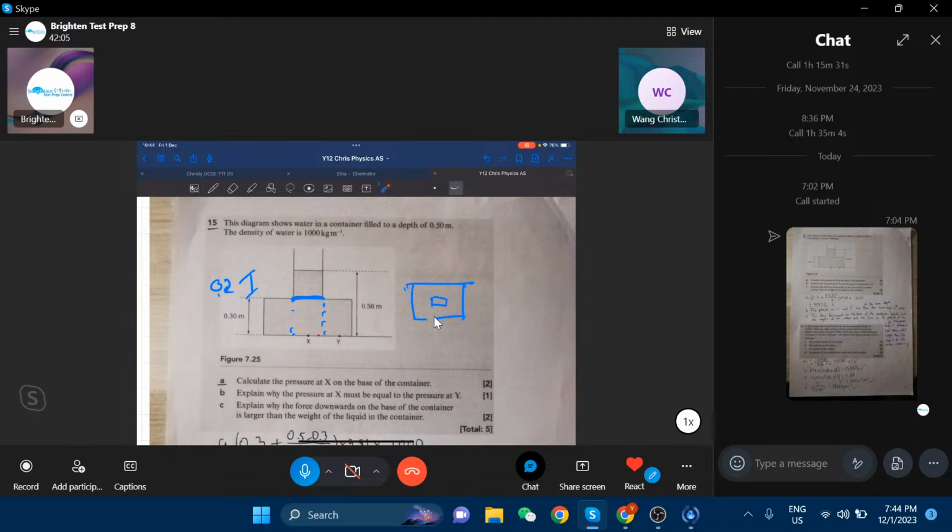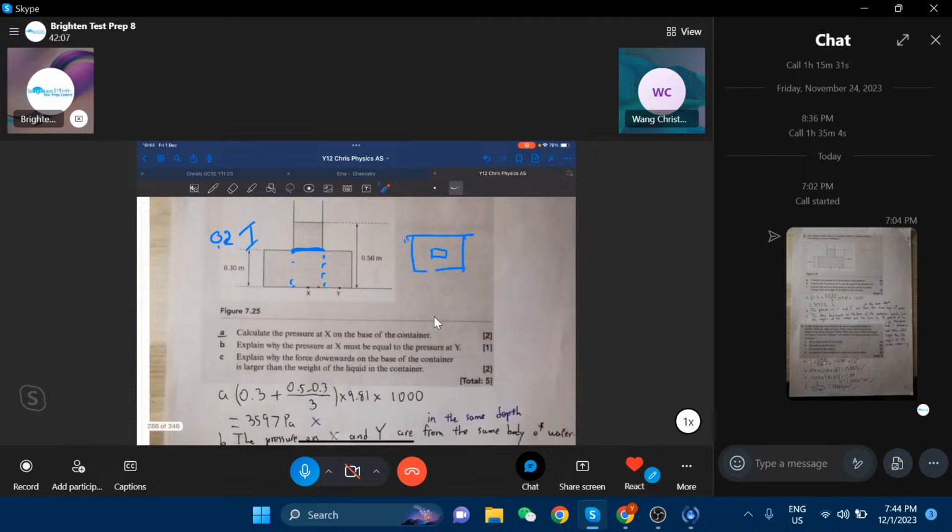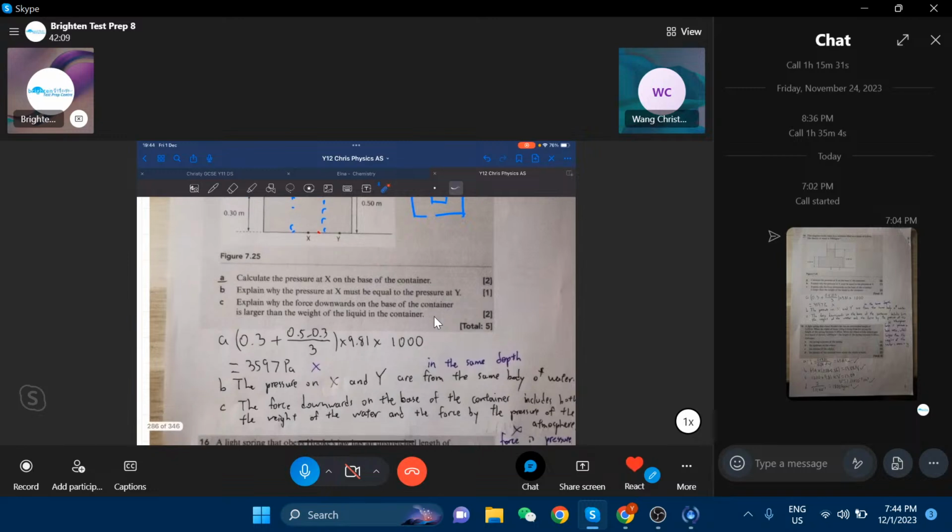Yeah, but my teacher in the marking scheme says that the height is 0.5, regardless if the container, like the two corners, has missing volume.